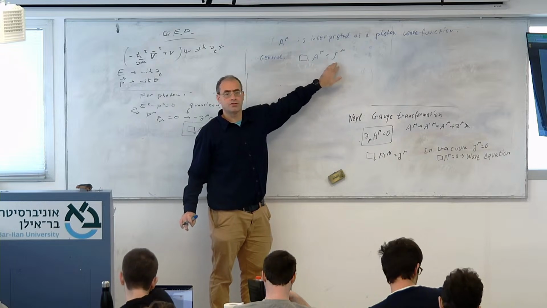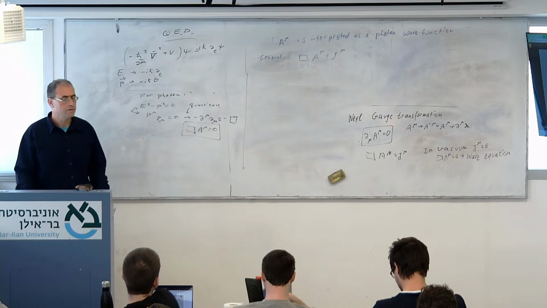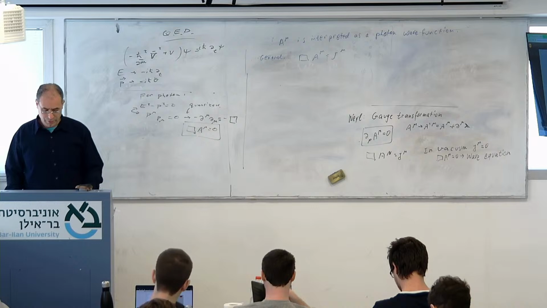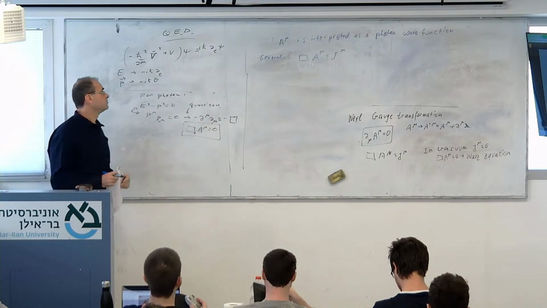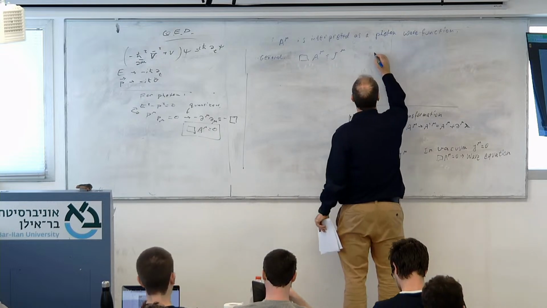So currents can either generate a photon or a photon can decay into a current, which you can visualize in terms of a Feynman diagram.